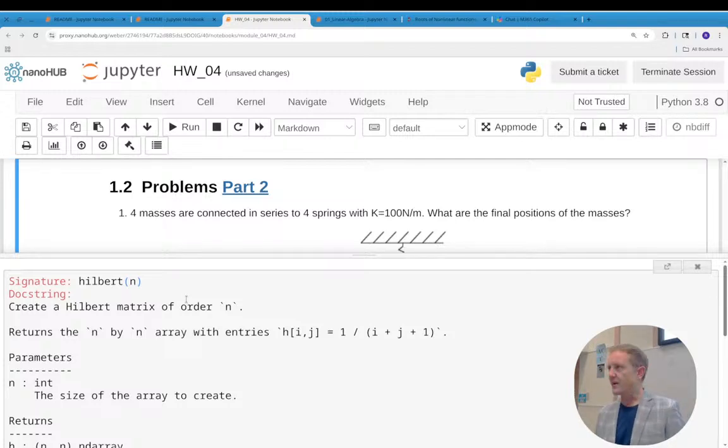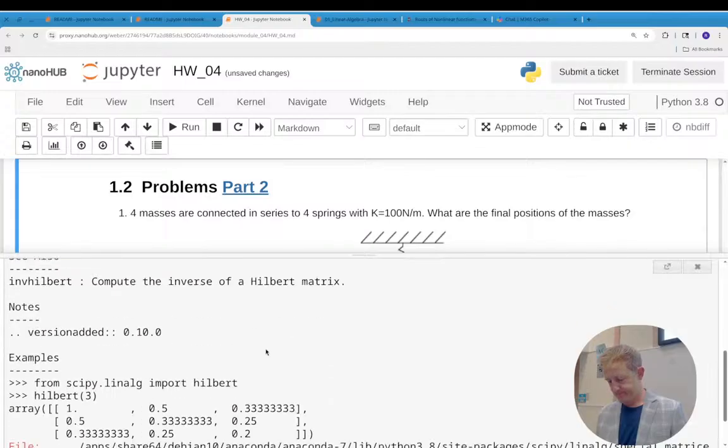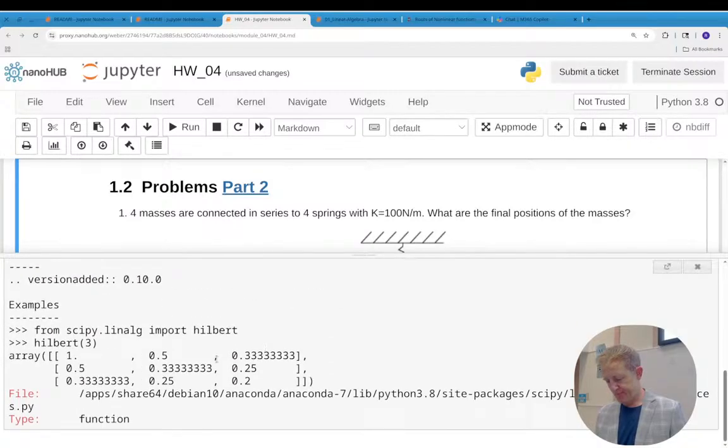So there's a SciPy linear algebra Hilbert constructor. If you tell it, I want Hilbert of 10, it'll give you a 10 by 10 Hilbert matrix. And it's the same thing that we just programmed in the reading too, and it even has an example.